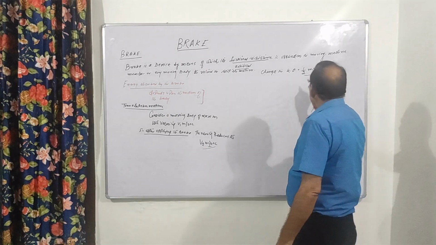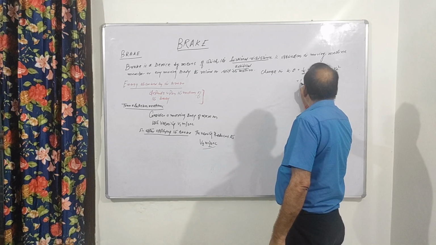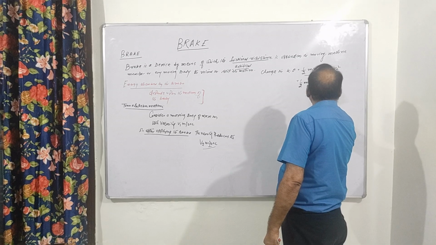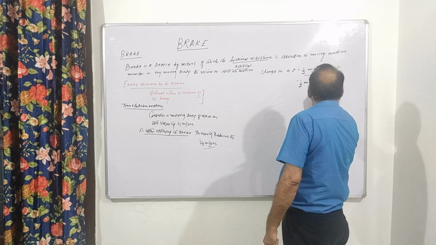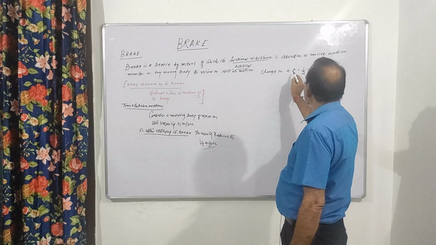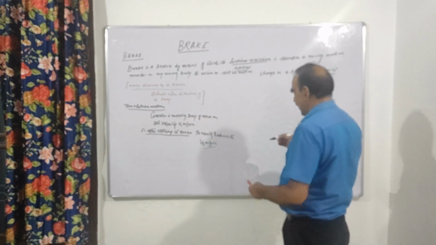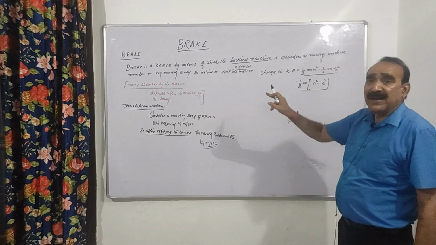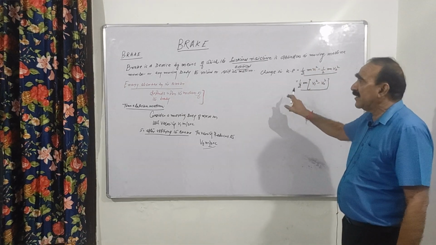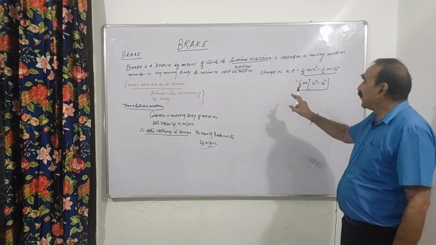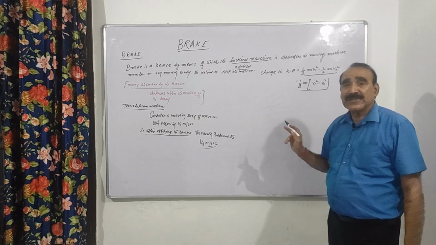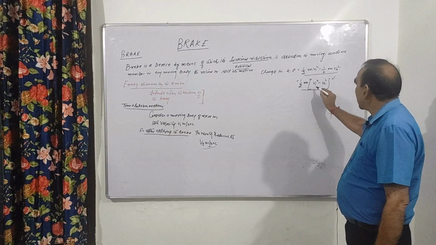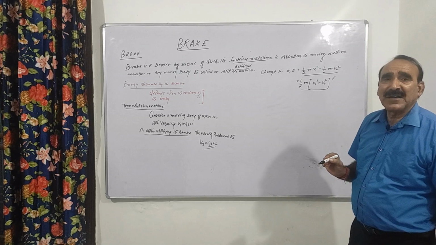So the change in kinetic energy is 1/2 m (v1 square minus v2 square). This much of the energy is being absorbed by the brake if the body is moving in translation motion, right?